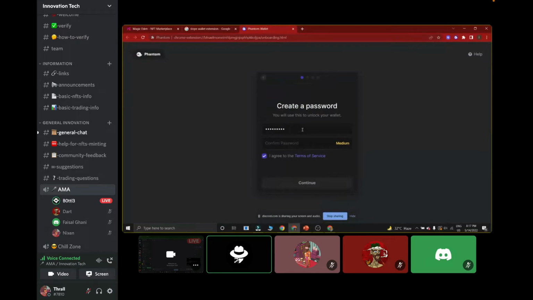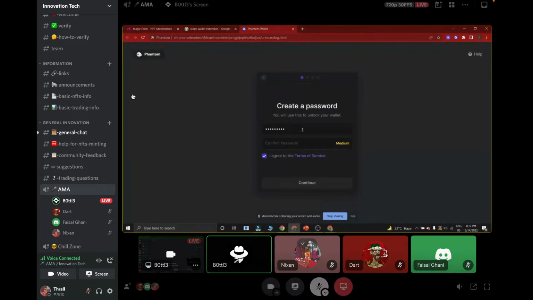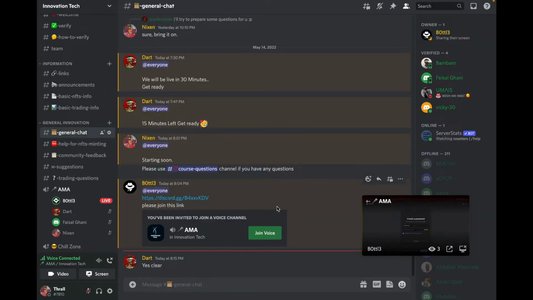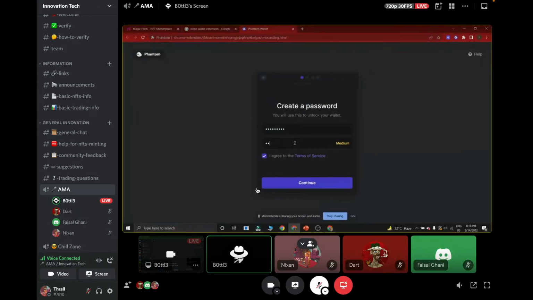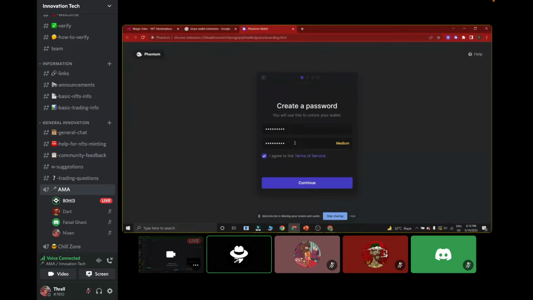Make sure you use an uppercase, a lowercase, and one special character as well, because that's how your password can be very strong. I'll just use a simple one as an example, and then you will click here on I agree and continue.